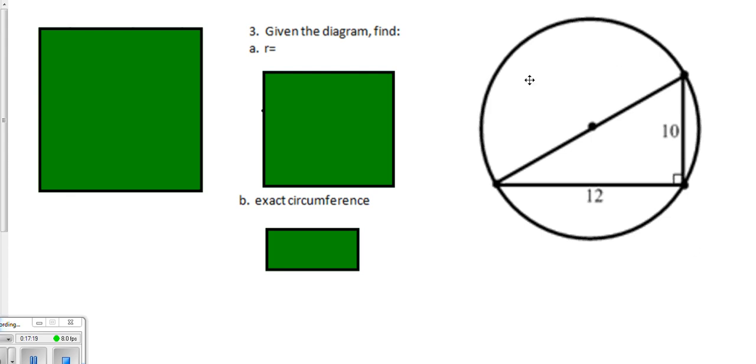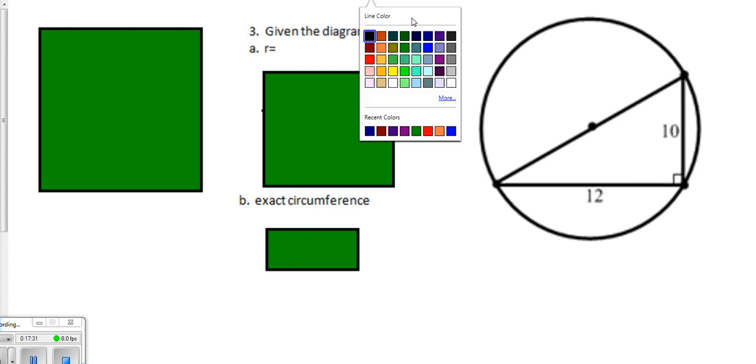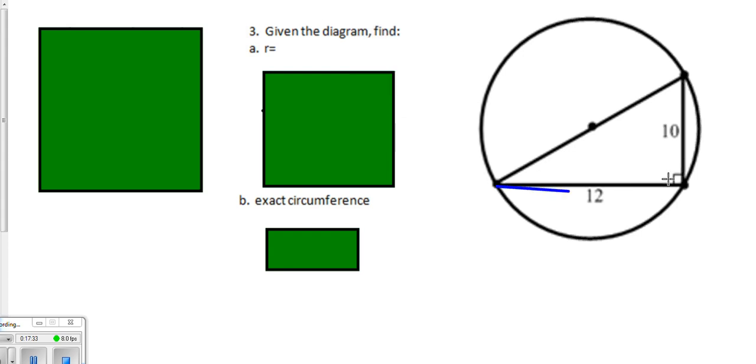Given this diagram, find R, which stands for radius, and find the exact circumference. So, again, it looks like we have a right triangle being made. Here, here, here, and across.